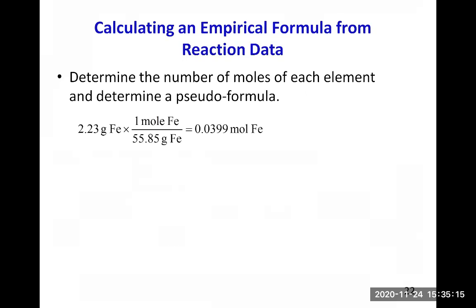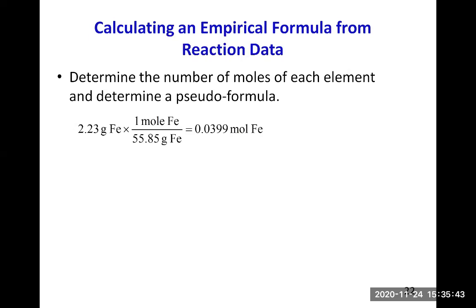That's the molar mass of iron, and we have the grams on the bottom, so we can cancel the units of grams of iron. Remember how the molar mass is found in the periodic table. 2.23 divided by 55.85 is 0.039928, etc. Because we have a mass given with 3 sig figs, we'll keep 3 sig figs.